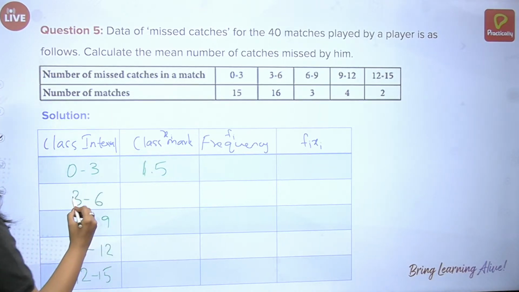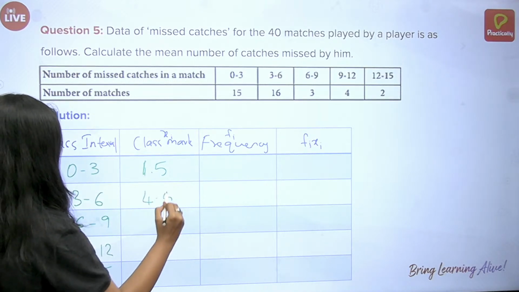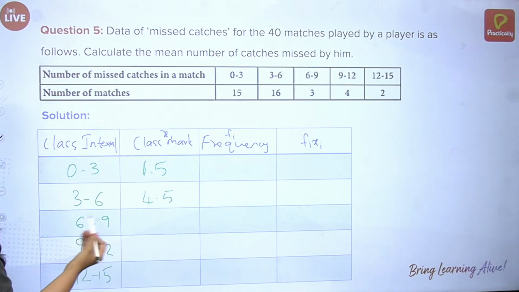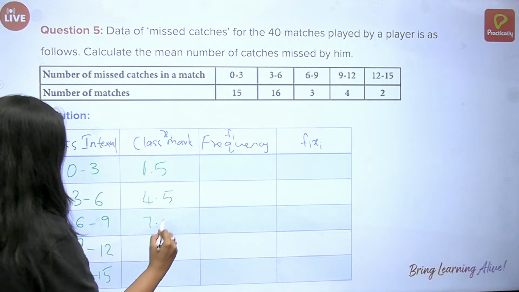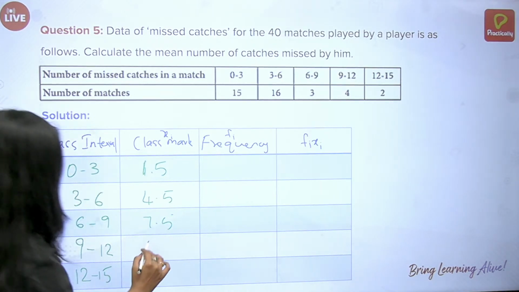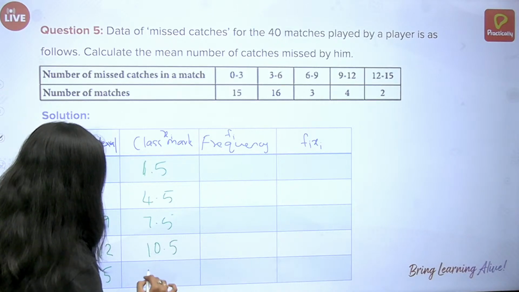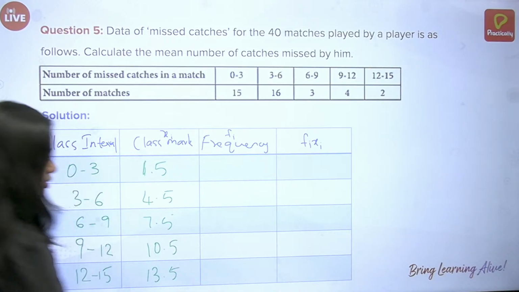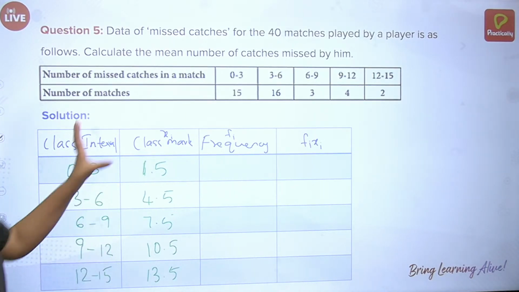And the next one, 3 plus 6 by 2, 4.5. Next, 6 plus 9 by 2, 15 by 2, 7.5. Next, 9 plus 12, 21 by 2. How much would it be? 10.5. 13.5. So, we have found the class mark.